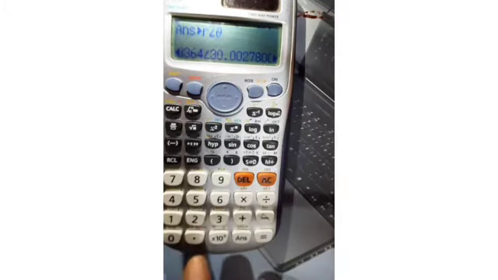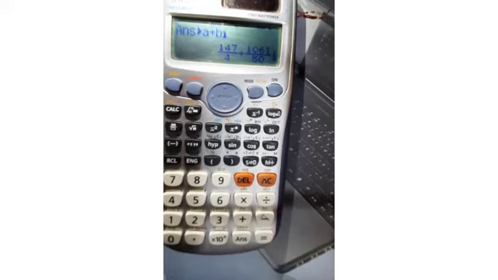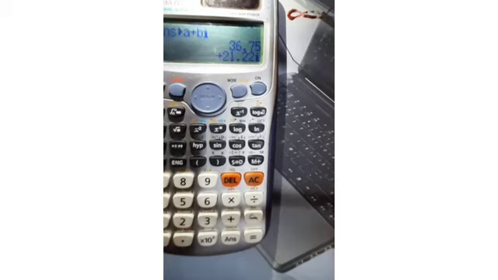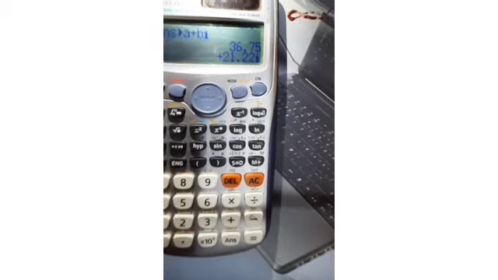Shift, then 2, then press 4. I want the answer in rectangular form, and equal to. Press SD. What you are getting is 36.75 plus 21.22i. This is where we had started.